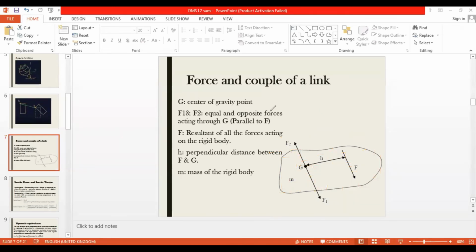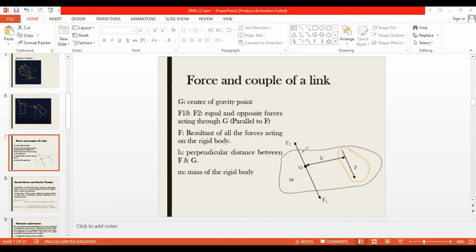F1 and F2 are equal and opposite forces acting through G parallel to F. Before that, this is a force F, which is acting at a distance h from the center of gravity. This force F can be replaced by the following.